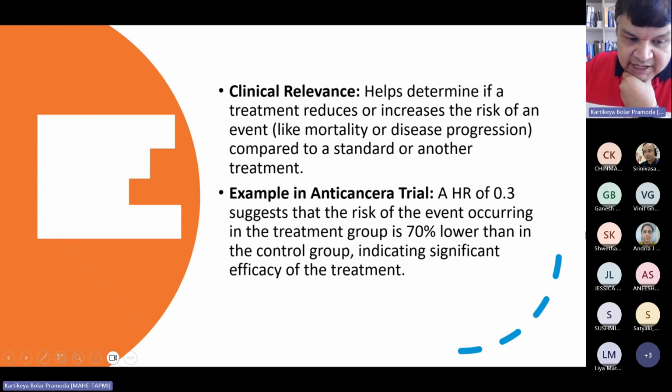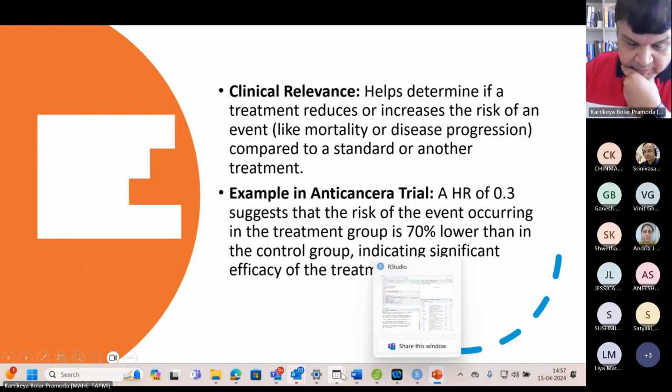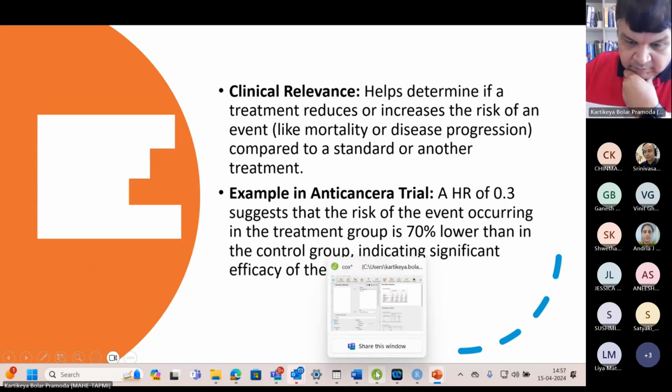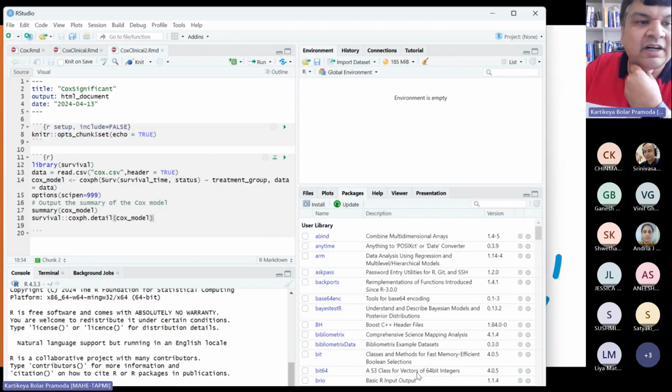Let me just go to the data. Now in several softwares, some of the survival analysis components would definitely be there. So I'm just going to share some of the ideas. Let me first do it in R.